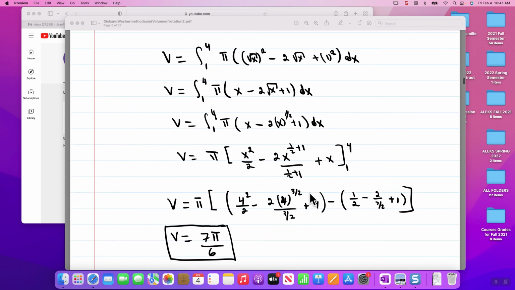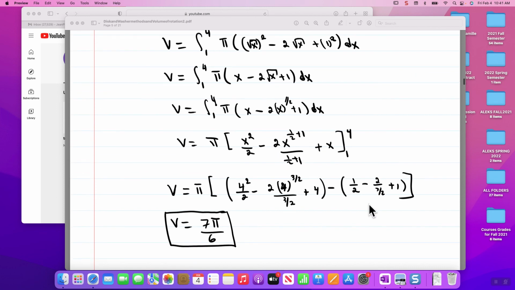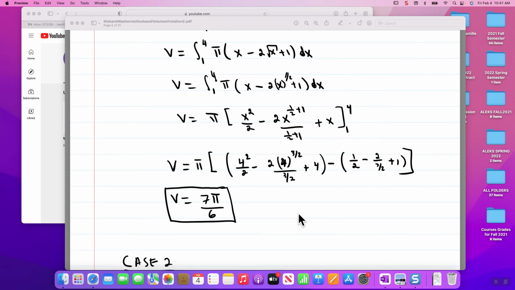First you plug in 4 for x, and then minus, you plug in 1 for x. Then you use your calculator to finally get the volume to be 7 pi over 6.